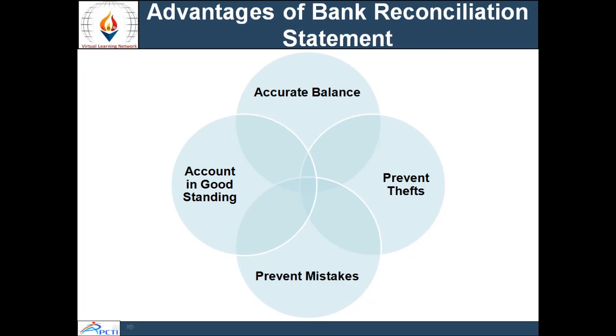Advantage of bank reconciliation statement. The very first is accurate balance. As you start a cash transaction, you record this transaction in your financial records, reducing your bank account's balance. The bank balance in your financial record is not your true bank balance because some of these transactions are still outstanding and have not yet cleared the bank.